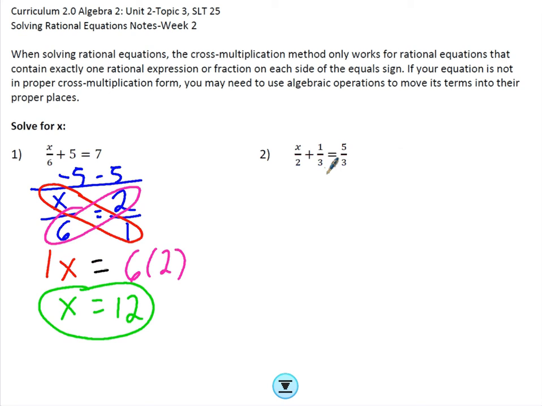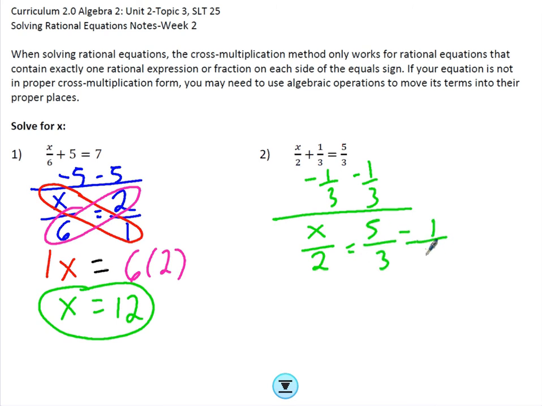So if you'll notice here, 1/3 and 5/3 both have the same denominator. So we're going to get one fraction on each side by subtracting 1/3 from each side here. That way we get x over 2 equals 5/3 minus 1/3.